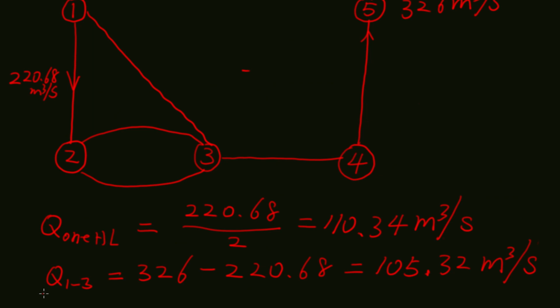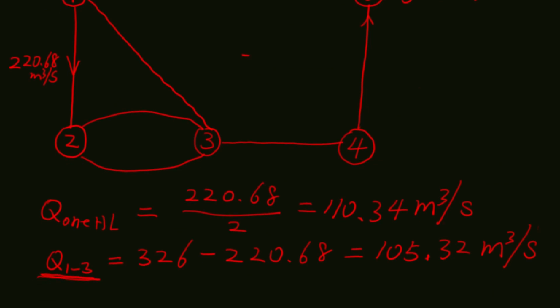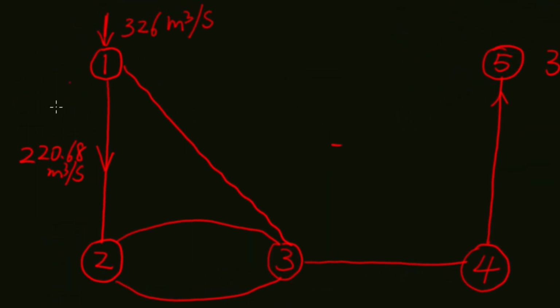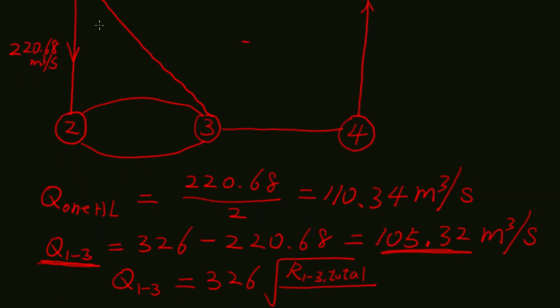For calculating the quantity flowing into 1 to 3, you can also use the quantity divider rule and get the same answer. You can use this equation: Q1 to 3 equals 326 multiplied by the square root of the total resistance of this whole part divided by the resistance 1 to 3. You will get the same answer.